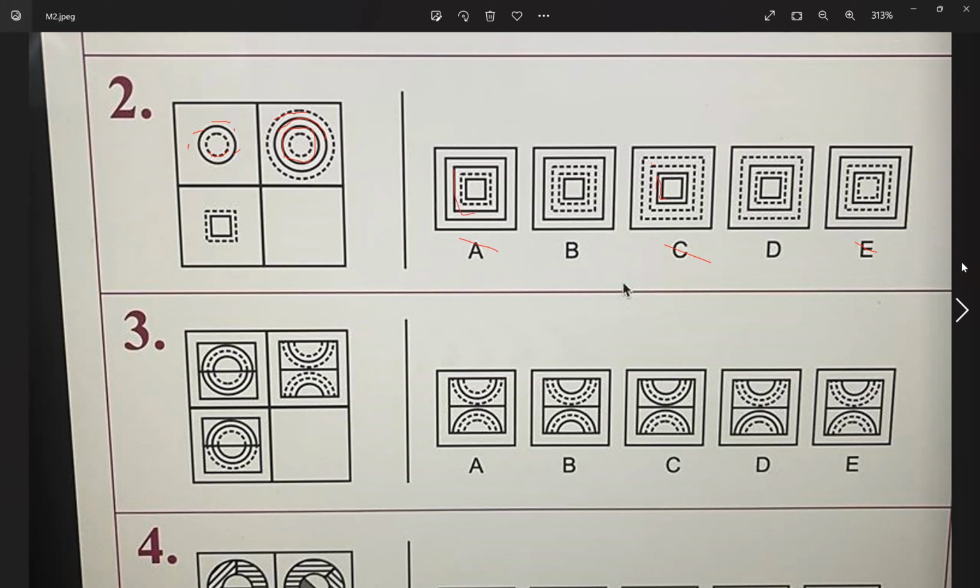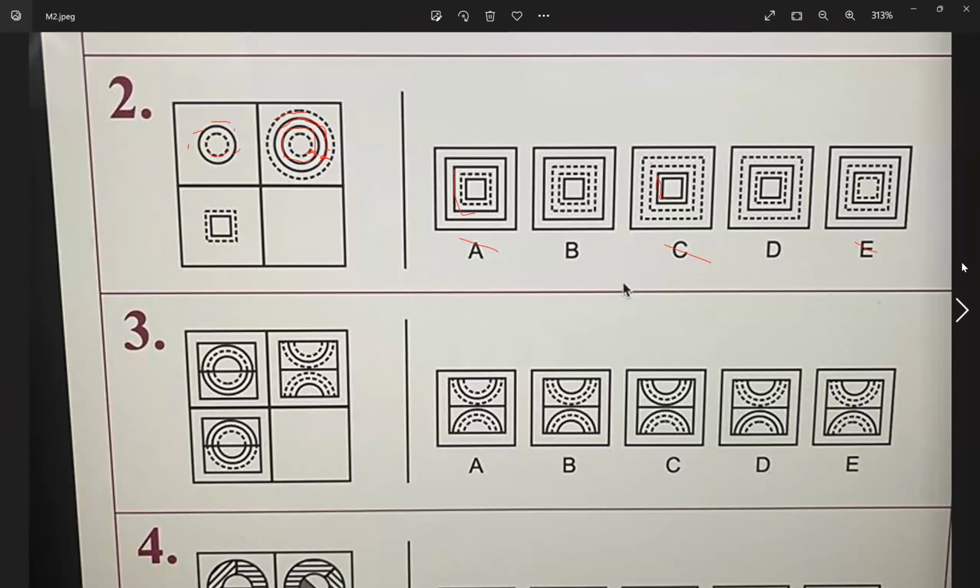So it's either B or D, and it can't be D because when the shape gets the opposite, both of these two circular lines are the same. There's two ways of solving this question.